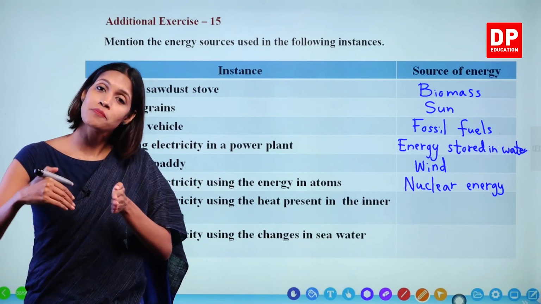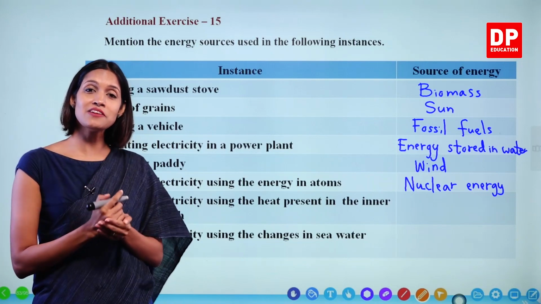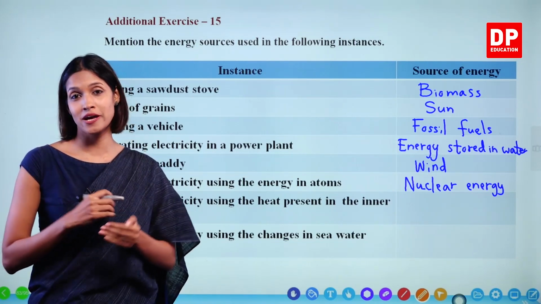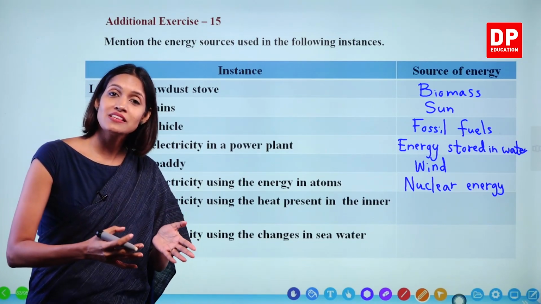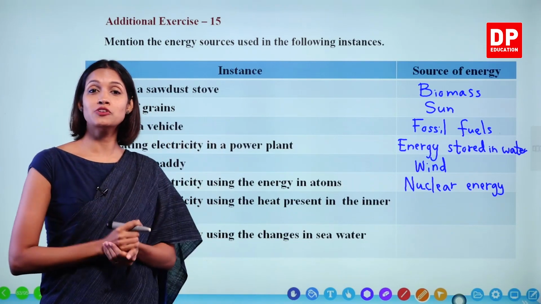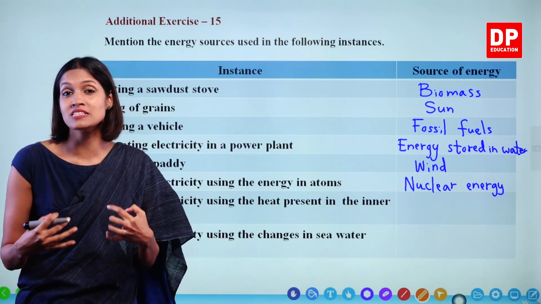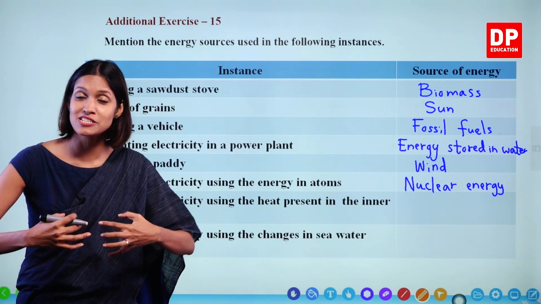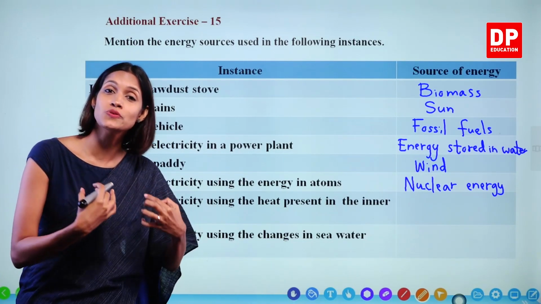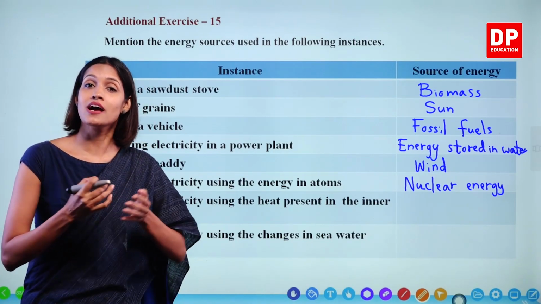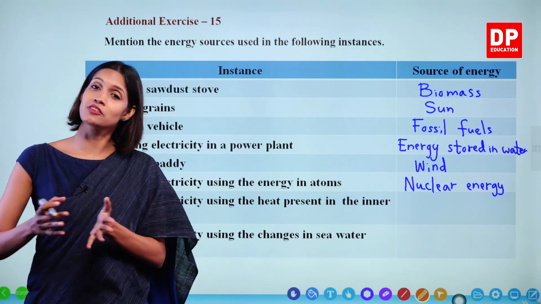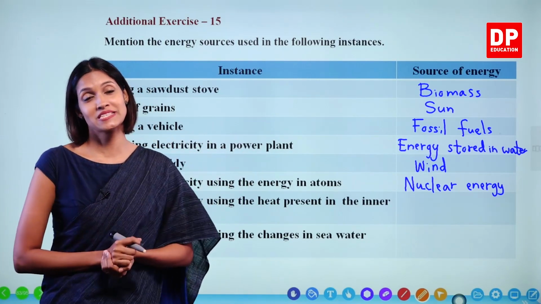So we can send pipes through these areas and send water through those pipes. When we take that water out from the other side, because of the heat present in these areas, the water gets heated up and turns into steam. So steam at high pressure comes out.